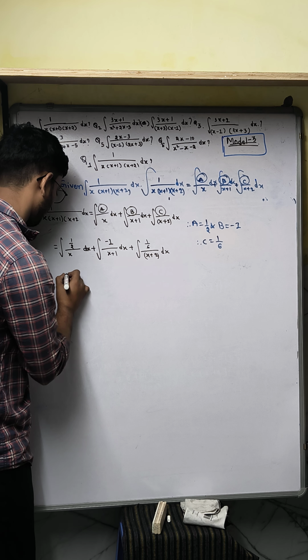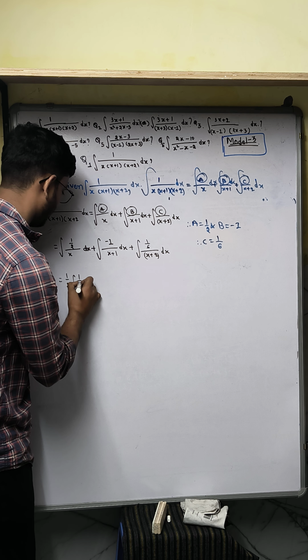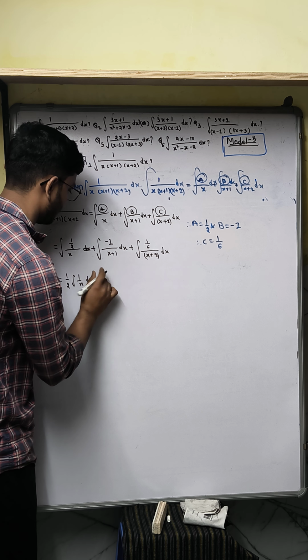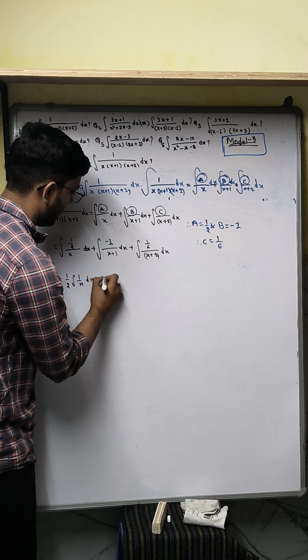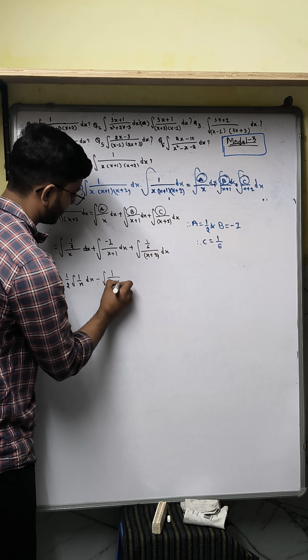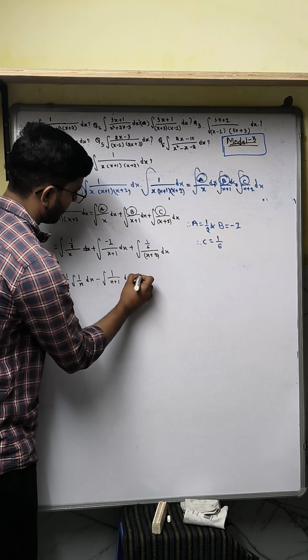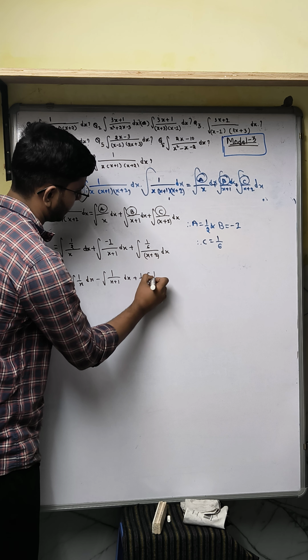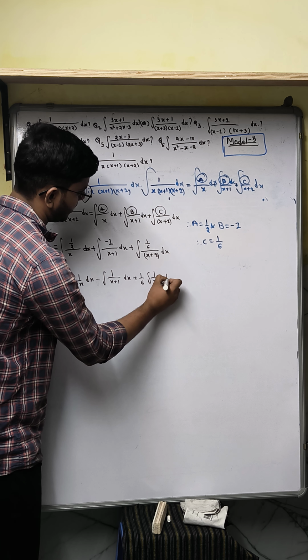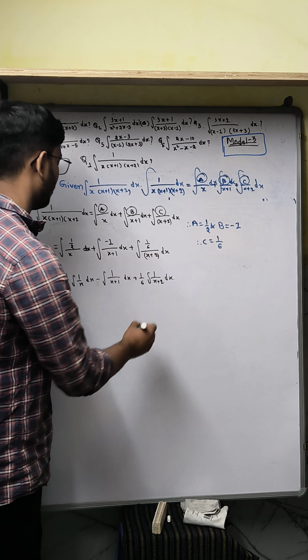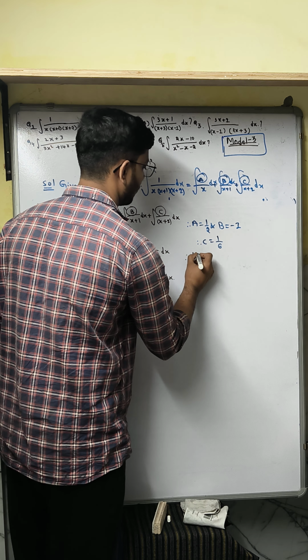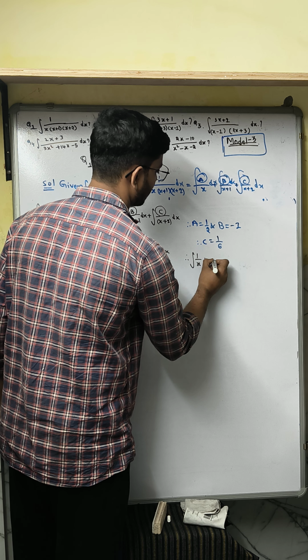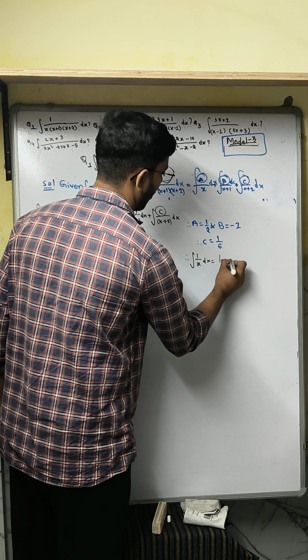Now 1 by 2 integral 1 by x dx minus integral 1 by (x plus 1) dx plus 1 by 6 integral 1 by (x plus 2) dx. Therefore, integration of 1 by x dx is equal to log x plus c.